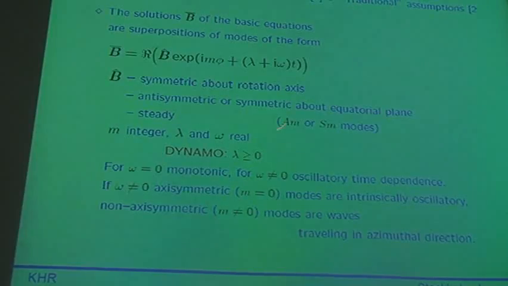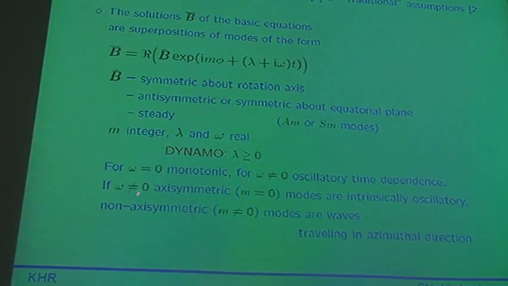AM and SM modes. We have, of course, a dynamo if lambda is non-negative. If you have omega equal to 0, you have a monotonic behavior of the fields in time. That means they grow or they decay. In the dynamo case, for omega unequal 0, you have an oscillatory behavior.